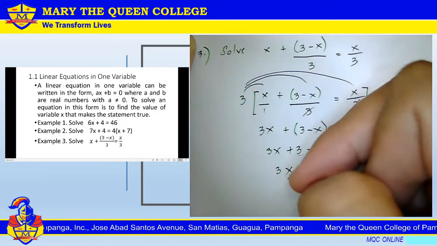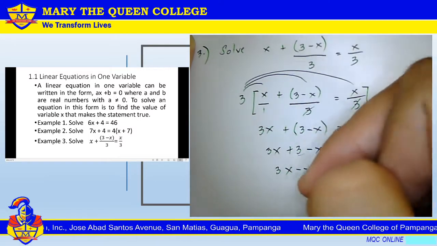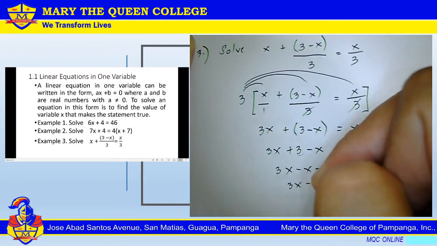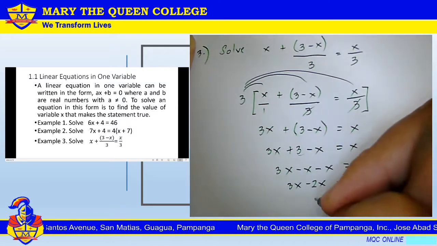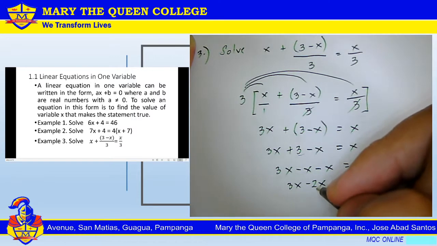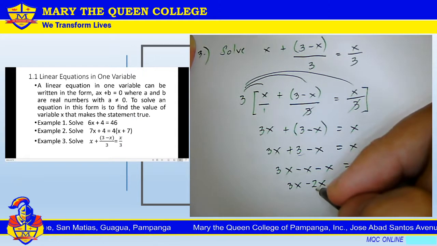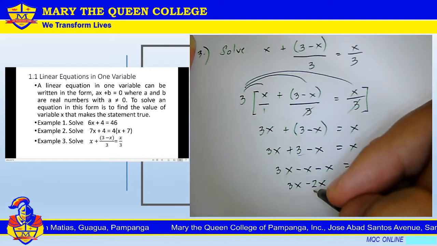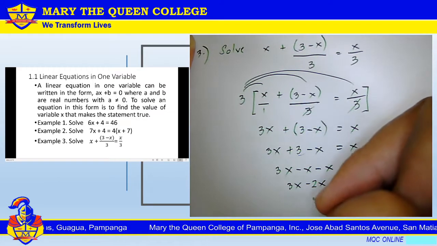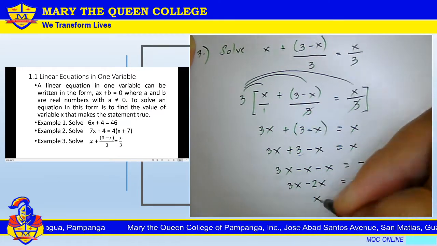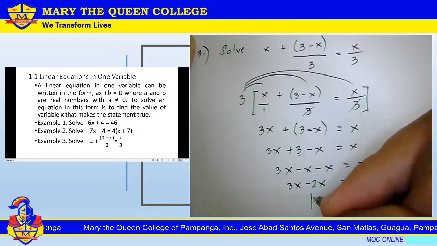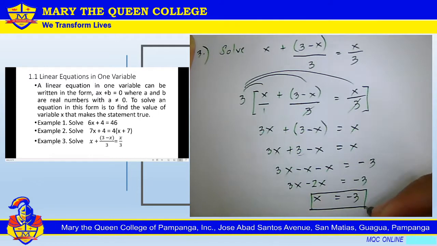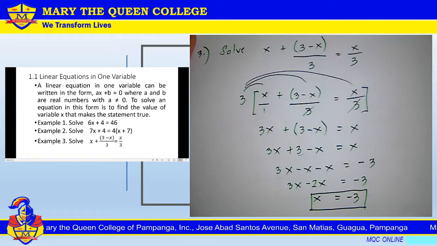Okay? So we have 3x minus x minus x, that would be 3x minus 2x, so that is negative 3. So simply subtract similar terms, that means terms having the same variable and same exponent. So 3x minus 2x, that would be 1x, or simply x is equal to negative 3. So this is now our solution for our linear equation.